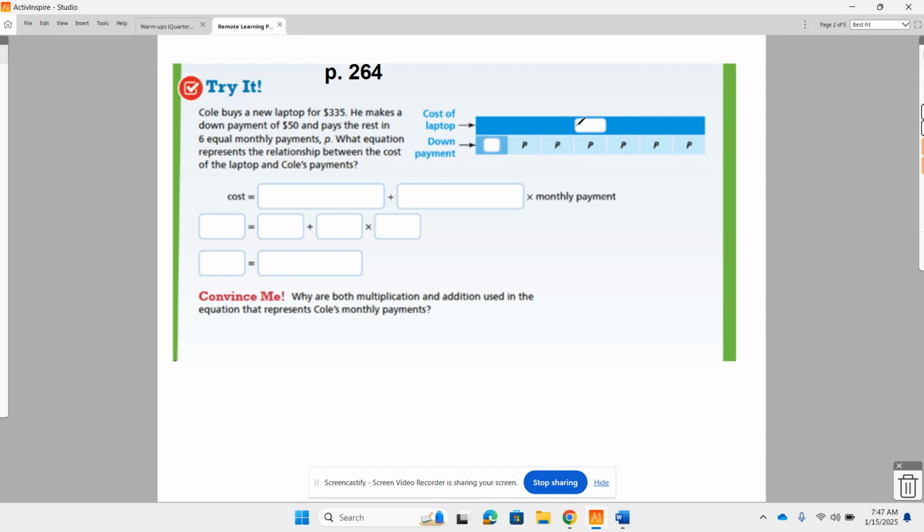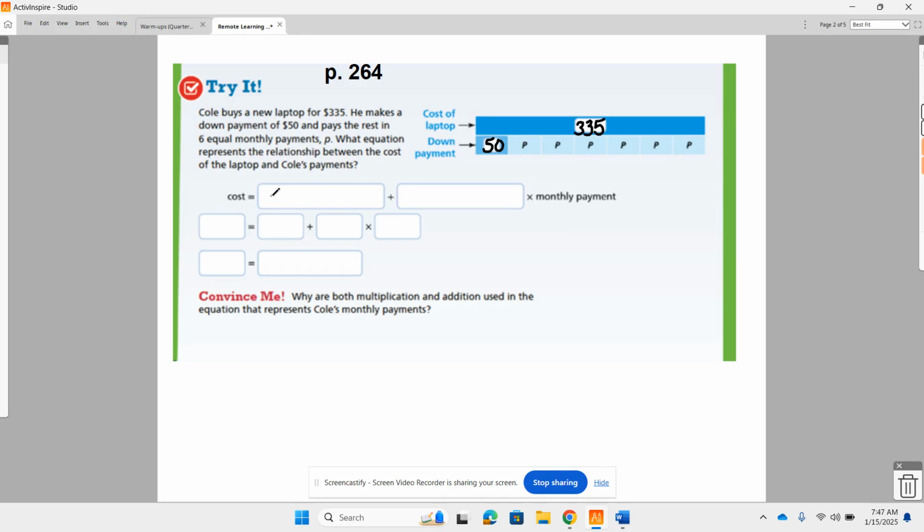The whole laptop costs $335 and his down payment is $50. So this equation is going to help us solve for what P would be equal to, his monthly payment.